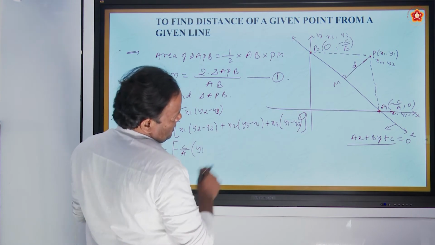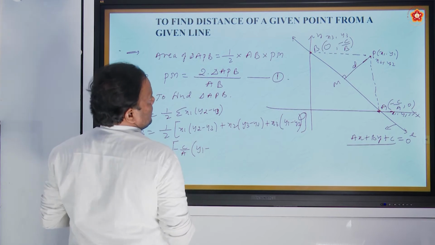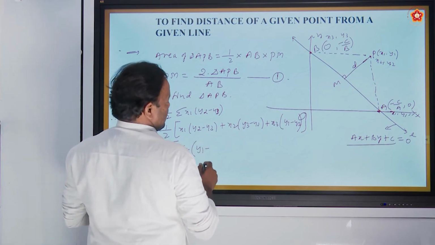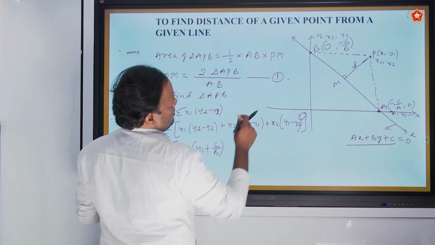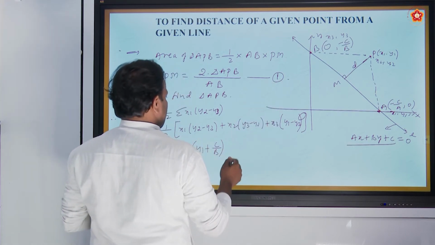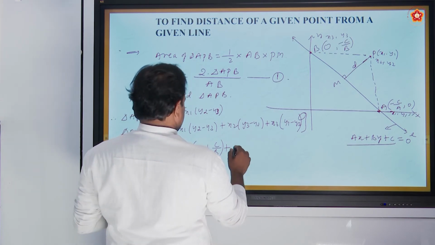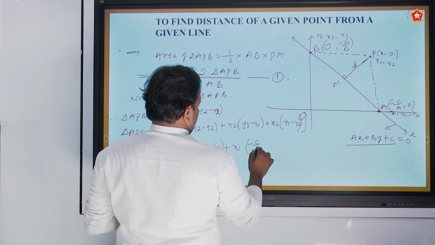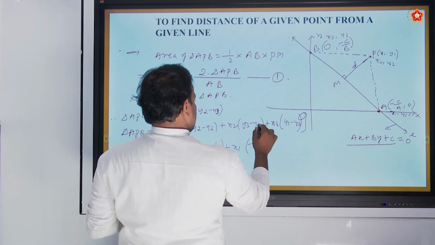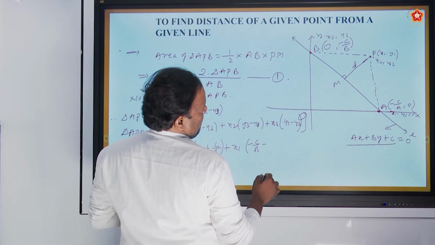Minus, what is y3? y3 is nothing but minus c by b. Plus, what is x2? x2 is nothing but x1. What is y3? Minus c by b, minus y1. What is y1? y1 is 0.